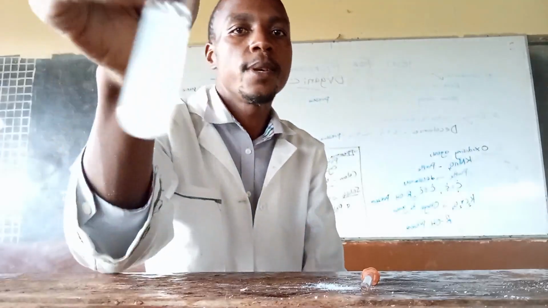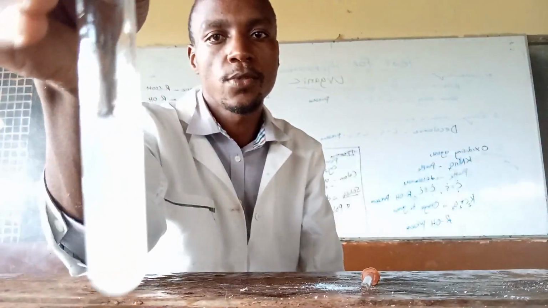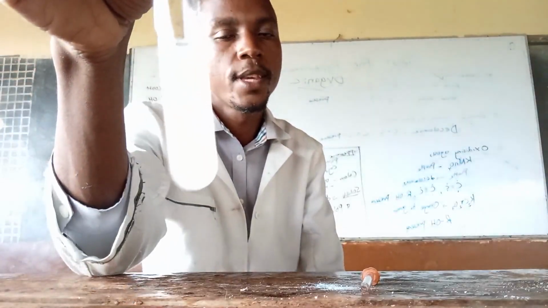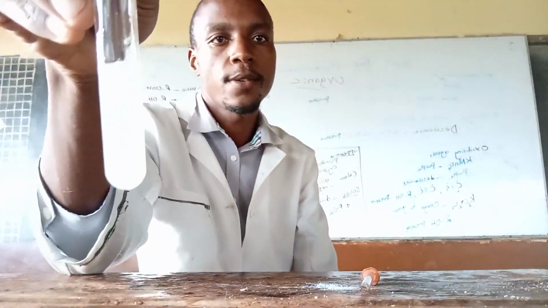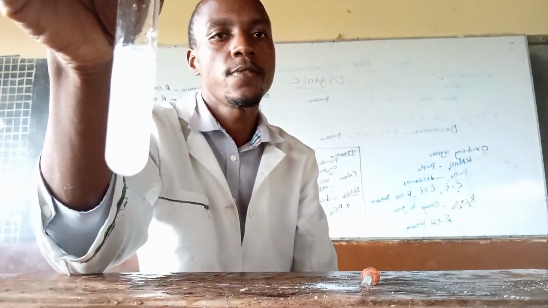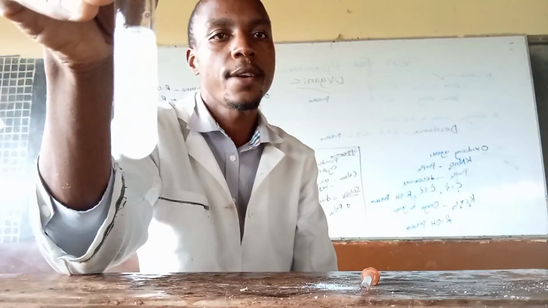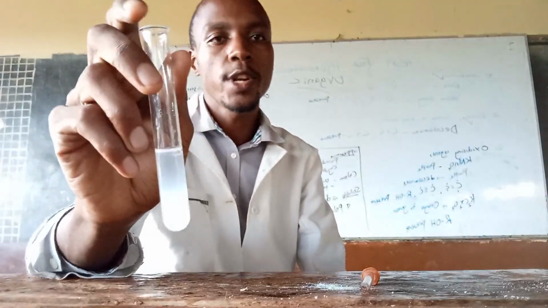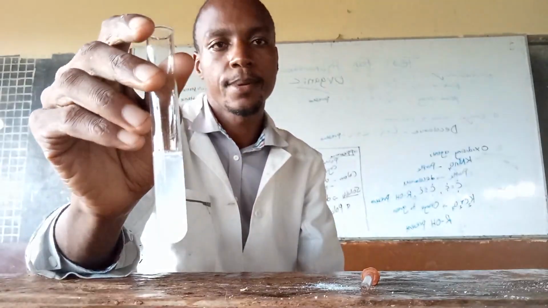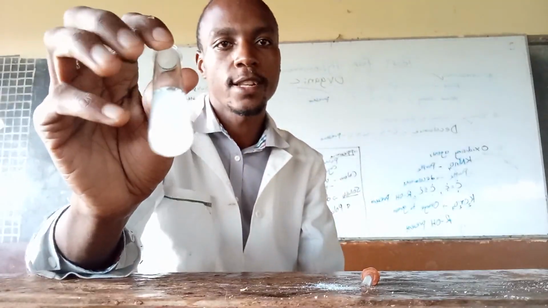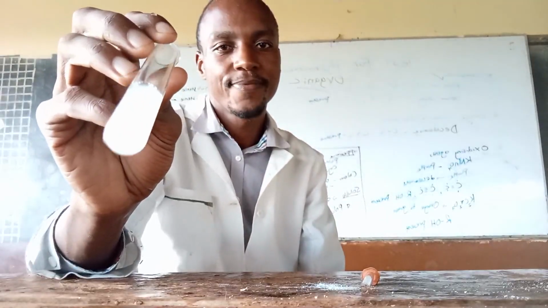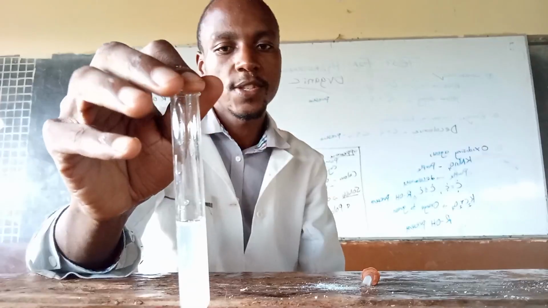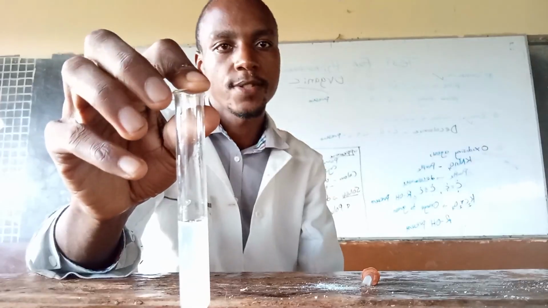Insoluble, why? Because it is not dissolving to form a colorless solution. So if a substance behaves that way, it simply tells you there is a possibility of magnesium or calcium ions. We have ruled out the ZAP because the solution did not turn colorless in excess. That is using sodium hydroxide.